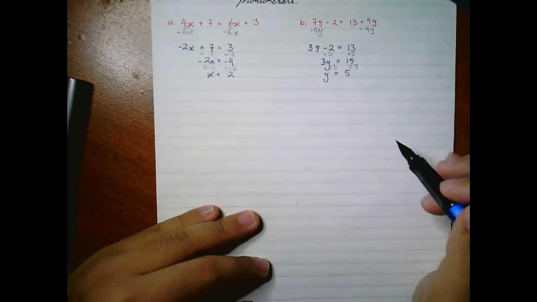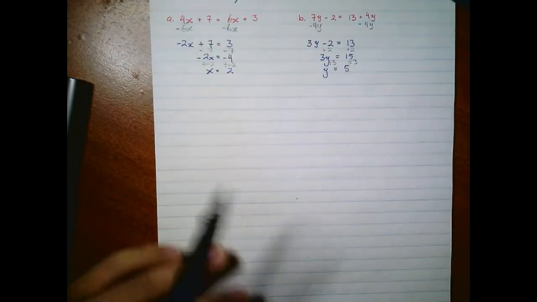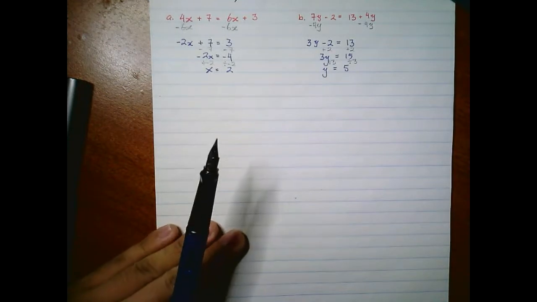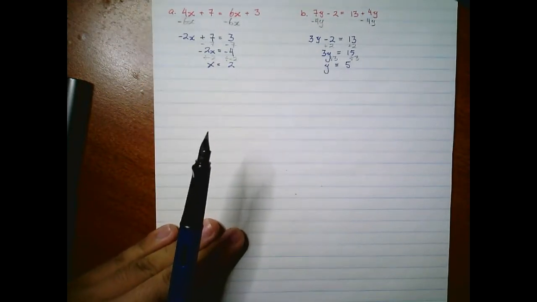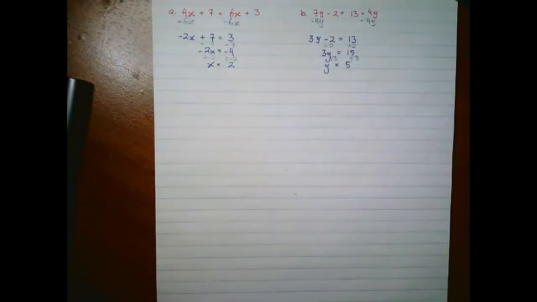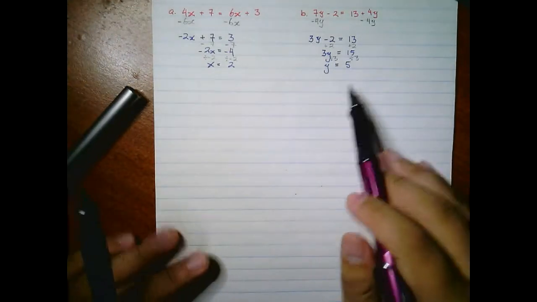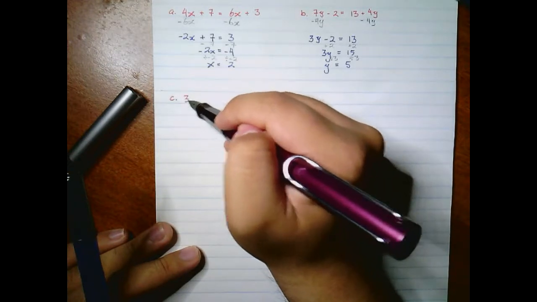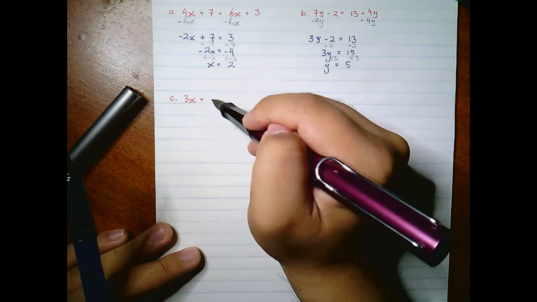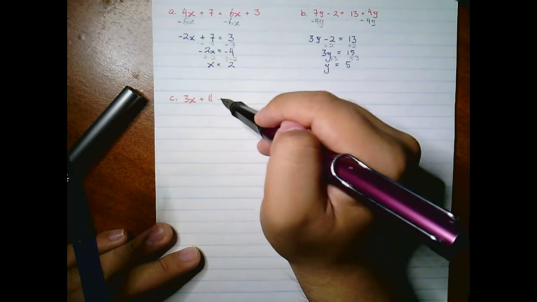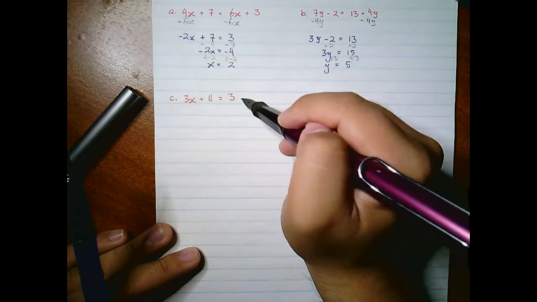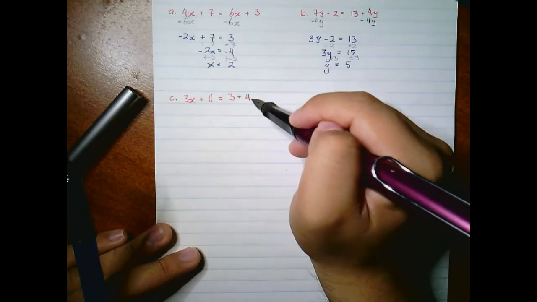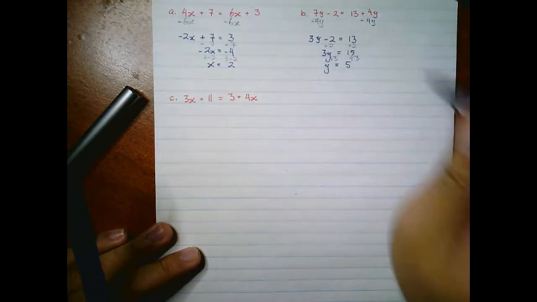I'll just write up 2 questions for you guys, and I'd like for you to pause the video and give it a go. Okay, so here we go. Question C is 3x plus 11 equals 3 plus 4x.